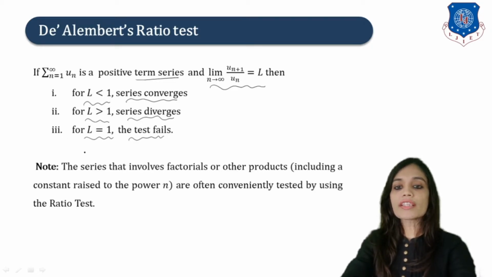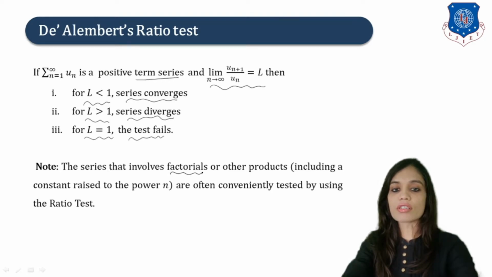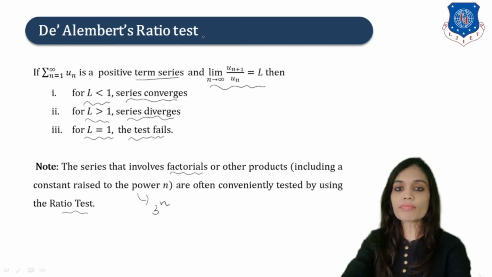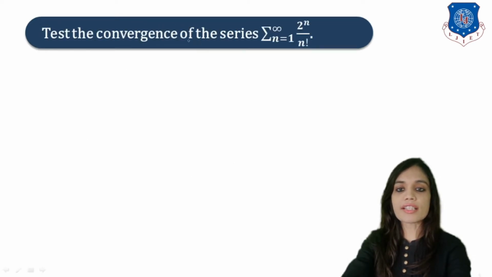This test is applied when the series involves factorials or other products including a constant raised to a power n, for example 3 raised to n. In these two types of notation, factorial and constant raised to a power n, we will always use the ratio test. So let us begin with its examples.